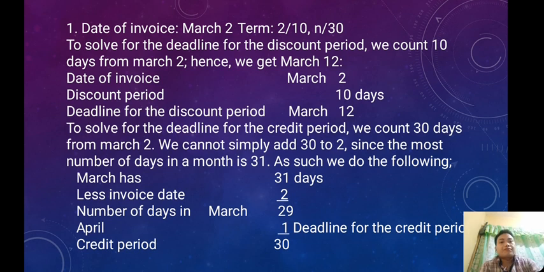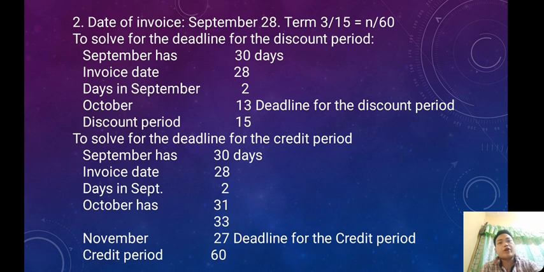Next, number 2, date of invoice is September 28, and the term is 3/15, n/60. To solve for the deadline for the discount period, again, September has 30 days and the invoice date is 28, so the days remaining in September is 2.